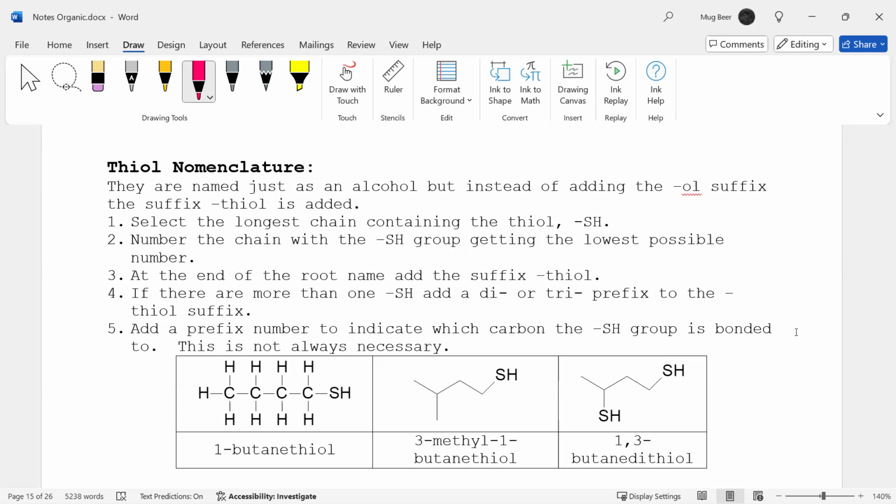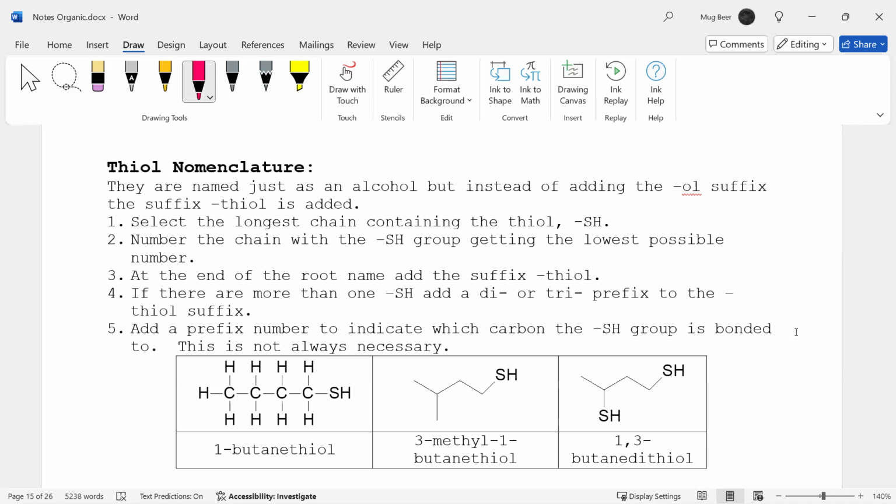Well, what's the difference between the thiols and the alcohols? What's the difference between the oxygens, like, on a fundamental level, the properties of them?